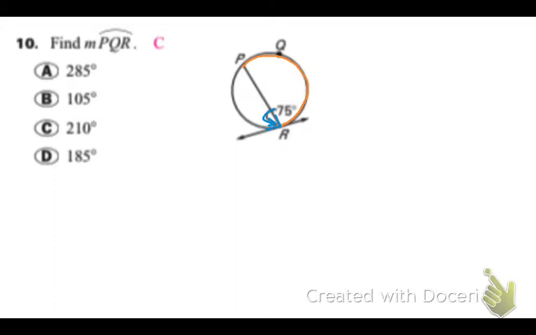You'll notice that this is a straight line. So if this angle is 75, then what does this other angle have to be? Well, the sum of angles on a straight line is going to be 180, so we have 180 minus 75. 10 take away 5 is 5.